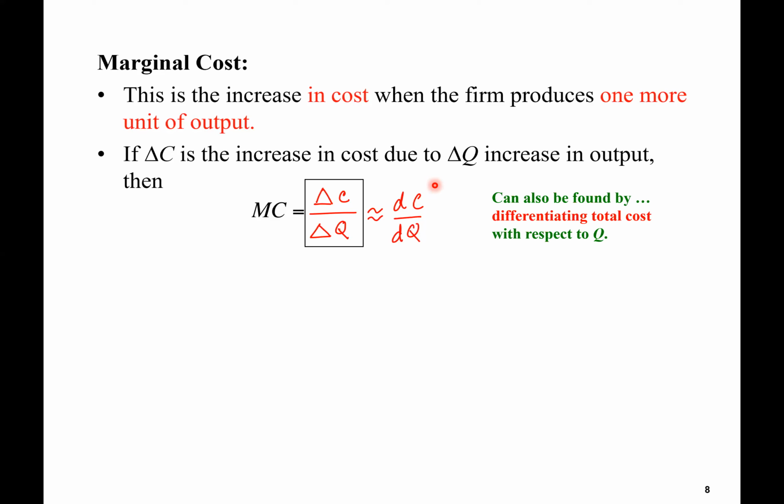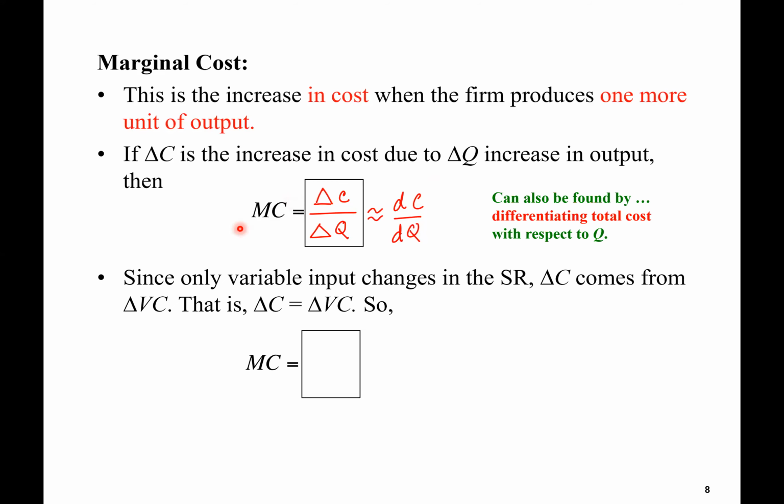But first, realize that in the short run, this delta C, the change in your cost, can happen only when you change your labor employment, or in other words, when your variable cost changes. So as a result, this must be true: your delta C, the change in your total cost, is exactly equal to the change in your variable cost.